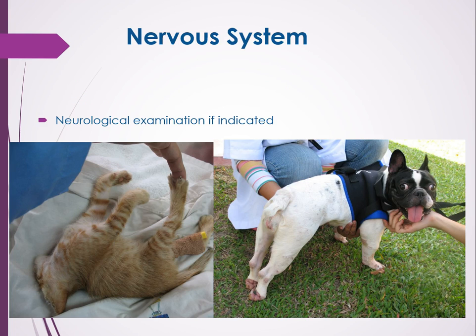So when it comes to the nervous system, it is quite special, because why? At the moment, if you feel that you're dealing with a neuro issue, all right, if you can appreciate these two pictures, okay, this poor little kitten, the head and neck are hyperextended, and the legs are all hyperextended.